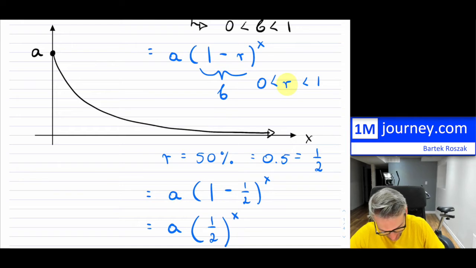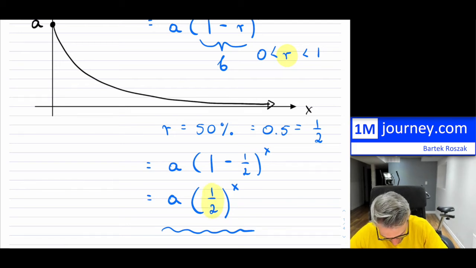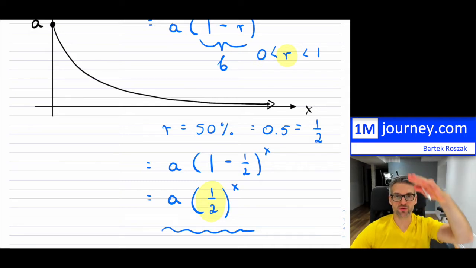That's what you have in here, and this is what highlights the half-life. If our base is equal to a half, what it's really asking us is how quickly our function gets to the half point of what it started with.